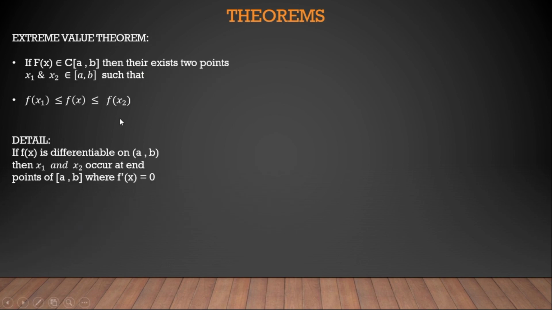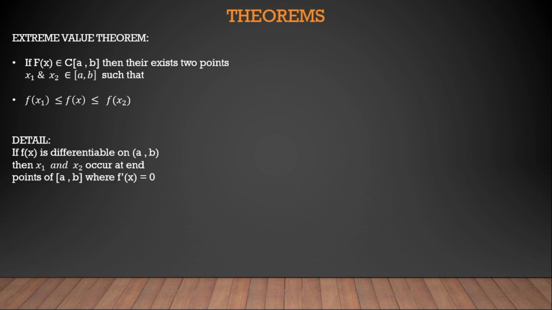So we also have the extreme value theorem, and this deals with 2 points, a lower point and a higher point. So we have a point within a graph that is higher than f of x, and we have a point that is lower than f of x, right?